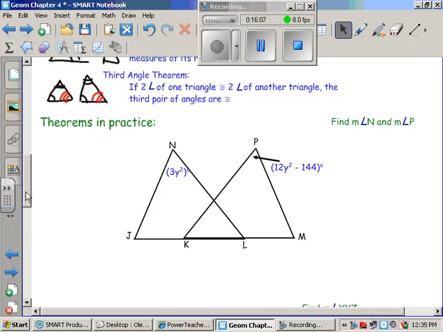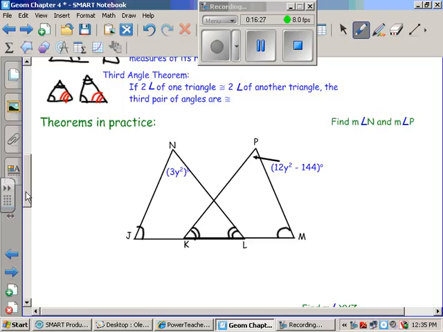All right, so given that angle J is congruent to angle M and K is congruent to angle L, okay, we have to figure out which of our theorems we can use to solve this equation. So can you see the two triangles?